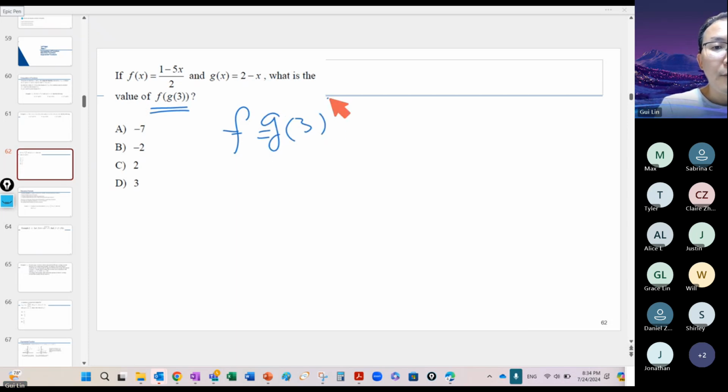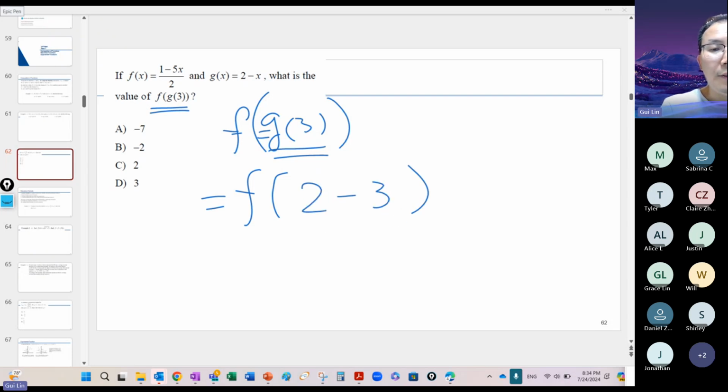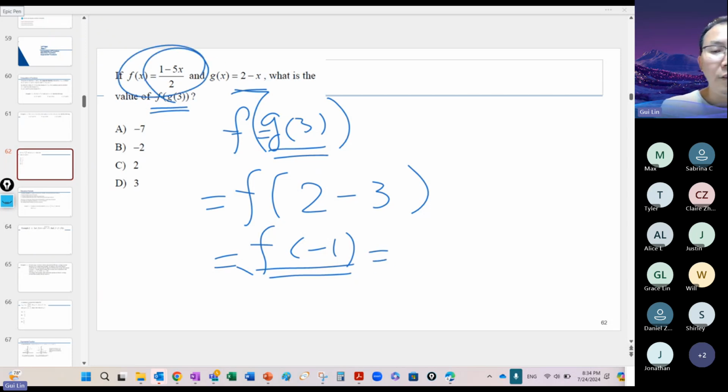f(g(3)) is the bigger one. So we need to do this part first. This part changes: 2 minus x, so it became 2 minus 3, right? We substitute x with 3 in 2 minus x. So it equals f(-1). So we use the equation here.